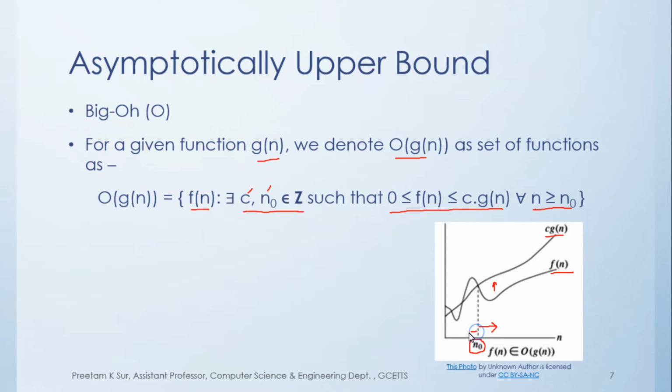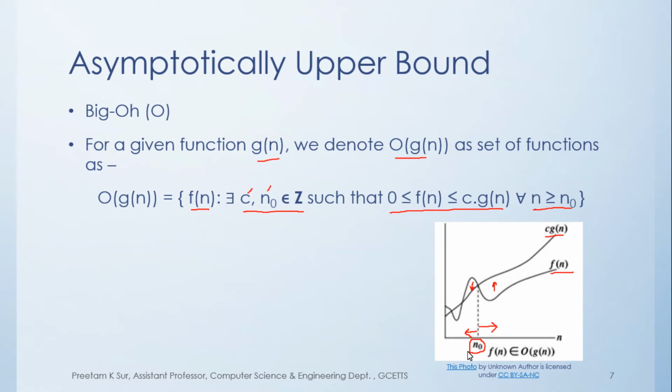So in such a scenario we can say that g(n) gives an asymptotic upper bound to the function f(n). One point here is that when n is less than n0, it might be possible that c into g(n) has a lower value, or the curve c into g(n) is below the original curve f(n).